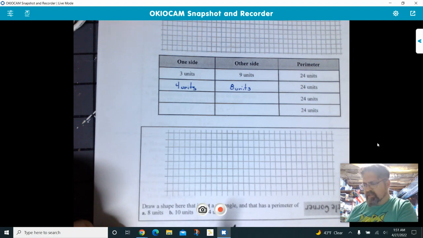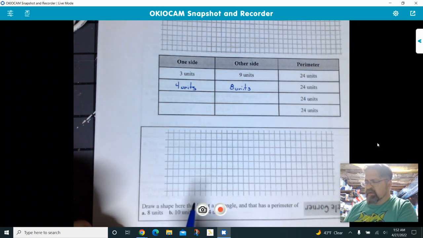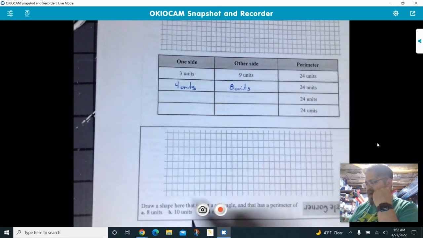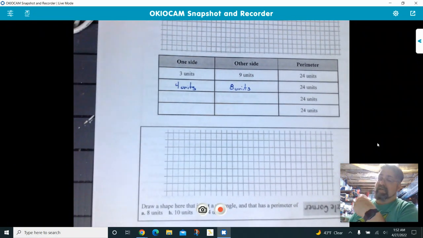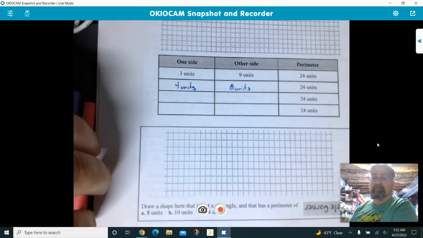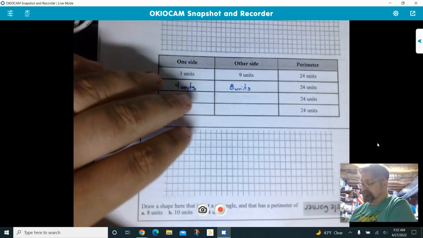Well, I'm not going to mess with any triangles because they cut in between the lines, and that just doesn't always match up right. So something that's not a rectangle. Well, I'll be honest with you, a square is still a rectangle. So it's got to be some kind of a funky, crazy, odd shape.